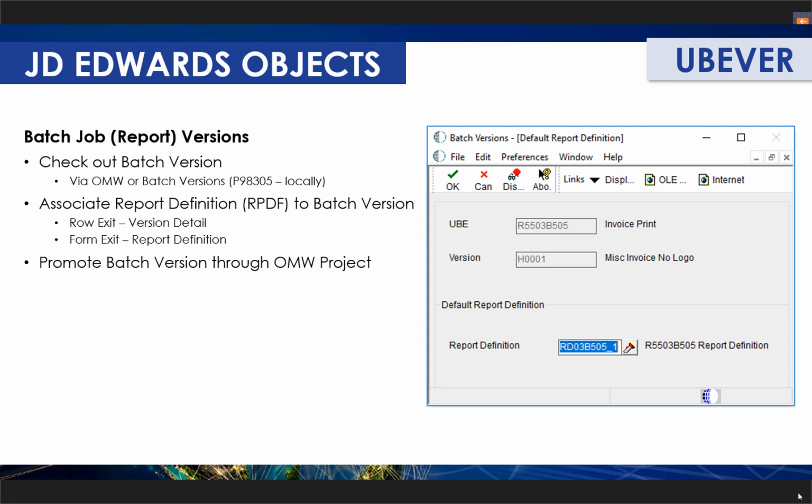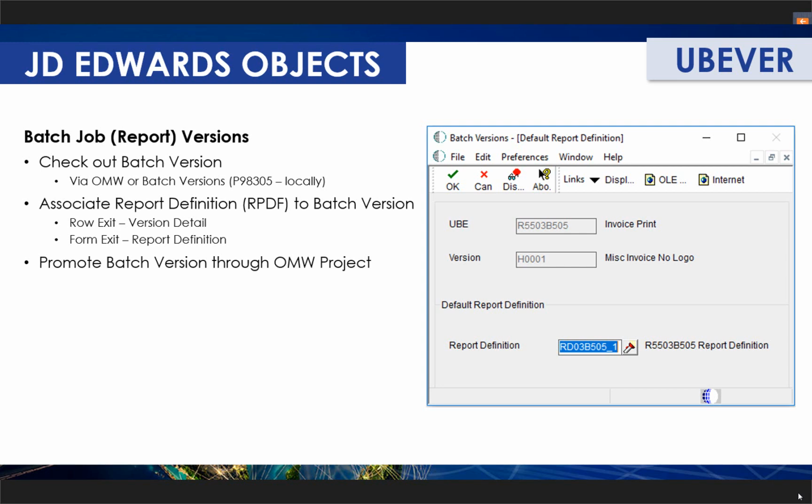So you're going to need to go into either OMW and check out that batch version that Rain mentioned, or go into your BV application, and this needs to be done on the full client.